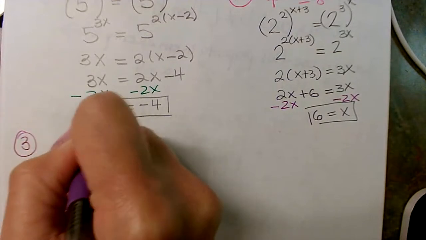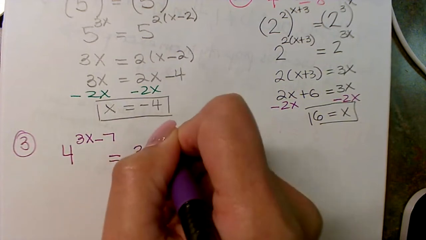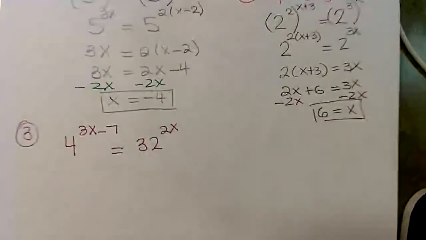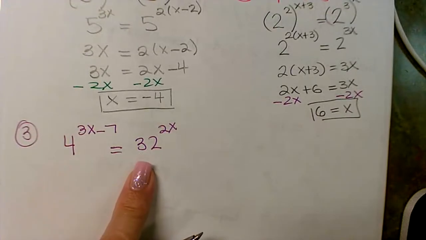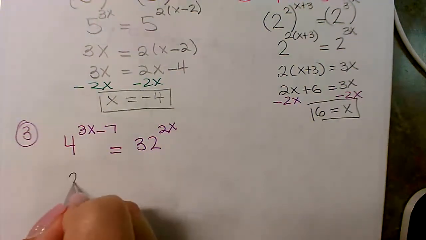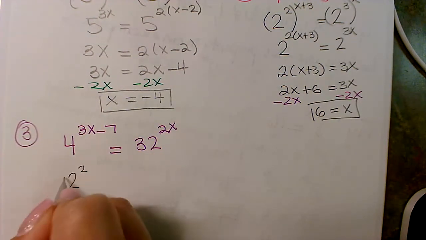4 to the 3x minus 7 equals 32 to the 2x. Okay, so our job is to what? Rewrite, right, with a common base, the left side and the right side. 2 times 2, 2 to the second power, would be 4, right?